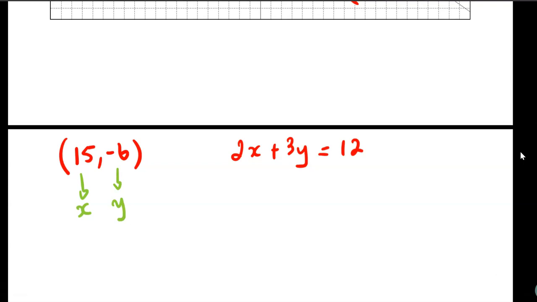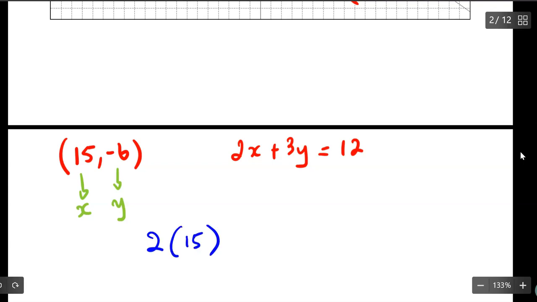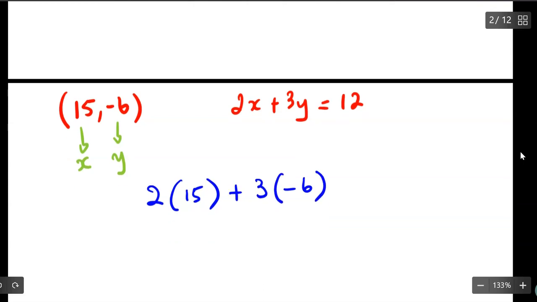Where the x is, I will substitute in the value 15. Where the y is, I will substitute in the value -6. So this is equal to 30 minus 18.